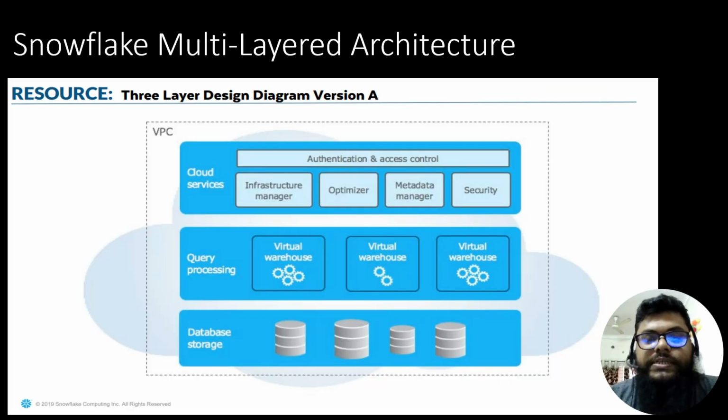So we have seen how the architecture of on-premise database is. So let's see the three-tier architecture of Snowflake, where each layer is separated, but they are integrated logically. So that's what makes Snowflake a powerful architecture.